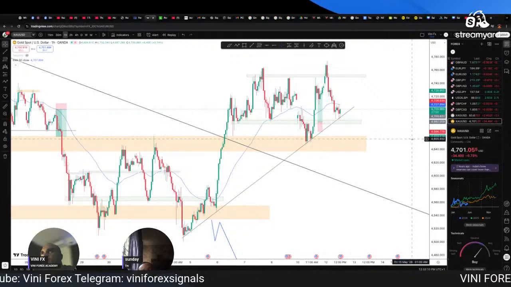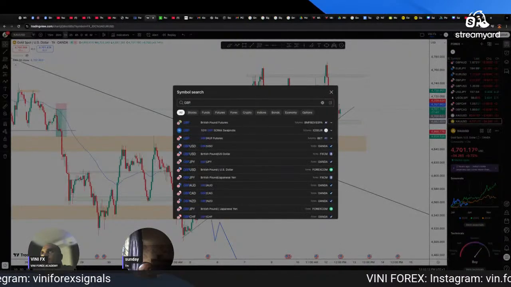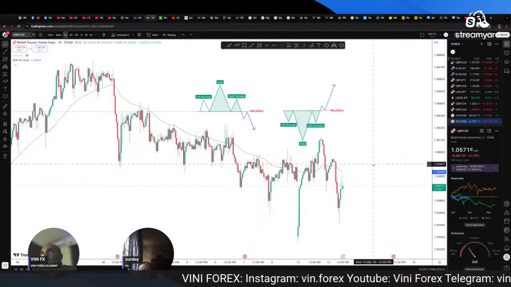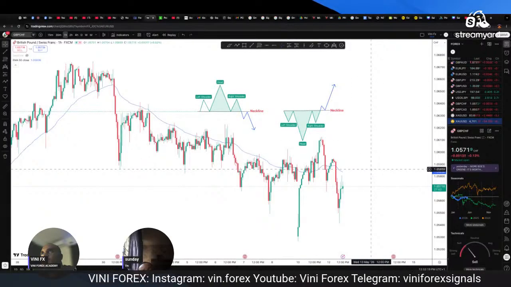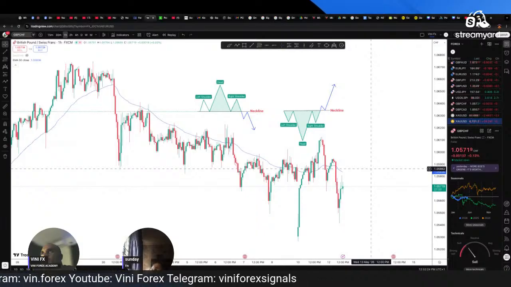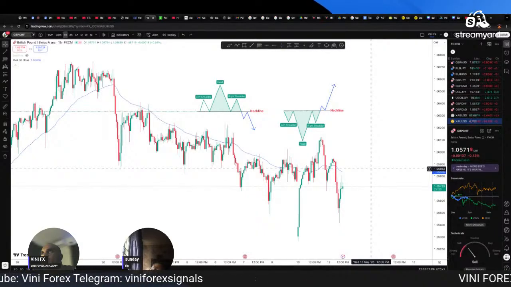Let's go back to our GBP CHF on FX here. Okay, so that is the head and shoulder pattern. You can see that. Yes, sir. So now I will have to show you an example of that on the chart.